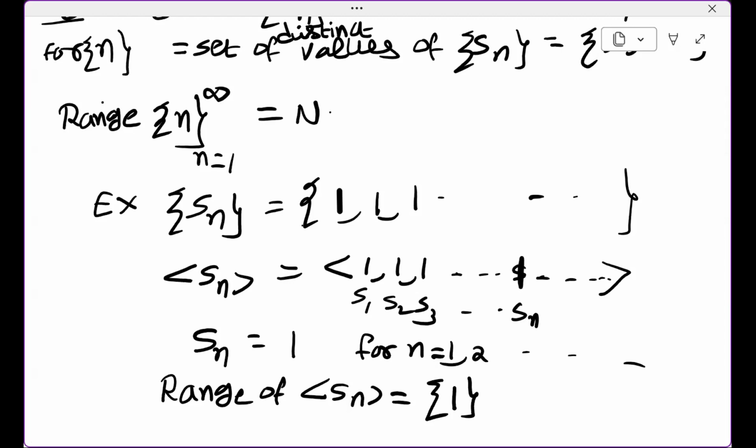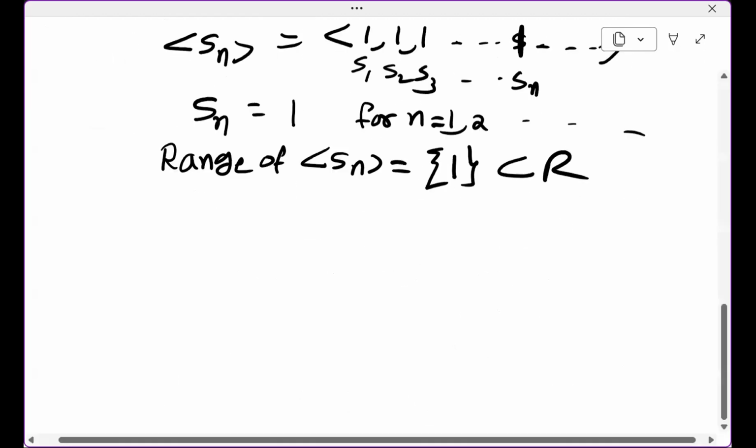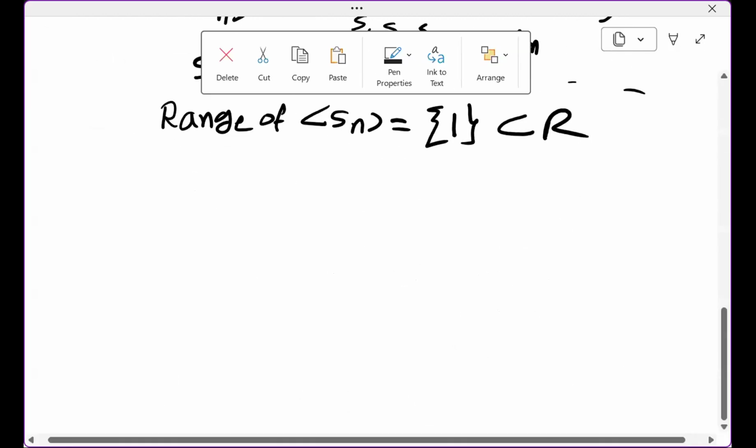So it is a singleton. This becomes the range of the sequence, which is a subset of R, as you can see. Here it appears as if it is infinite, but as you can see, the range is defined as the set of distinct values. We consider only distinct values. This is a sequence, and this is the range of the sequence. So let us go for another example. Third one.